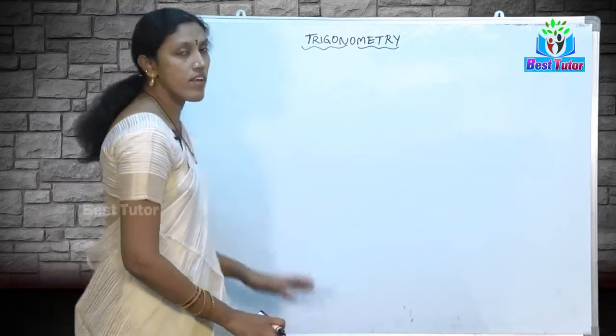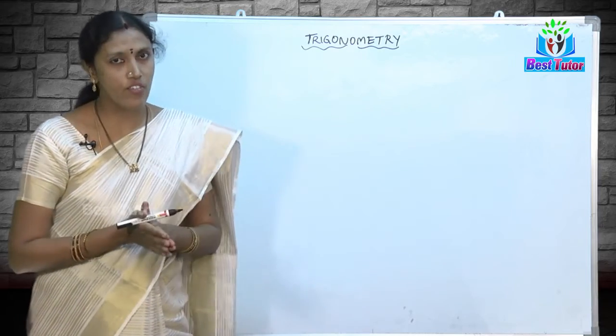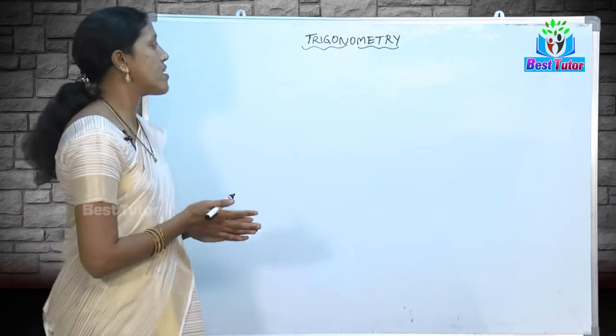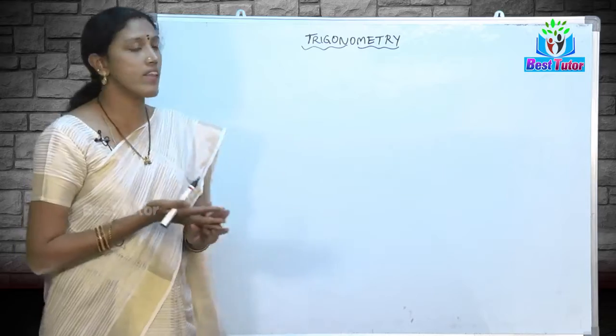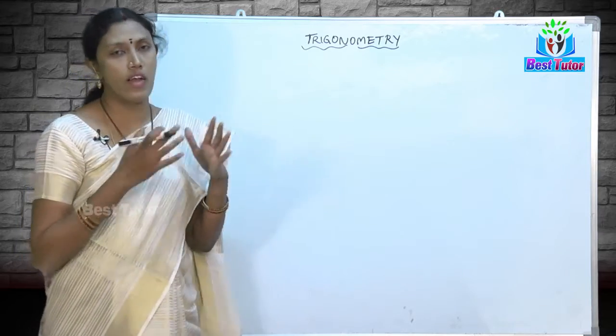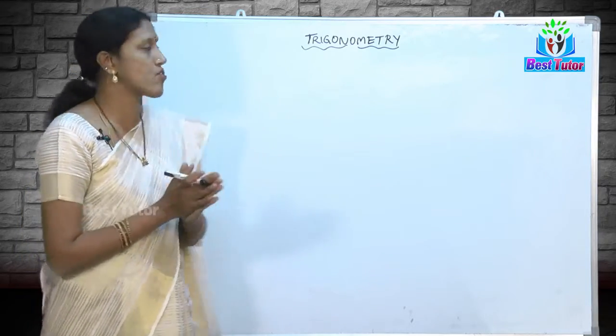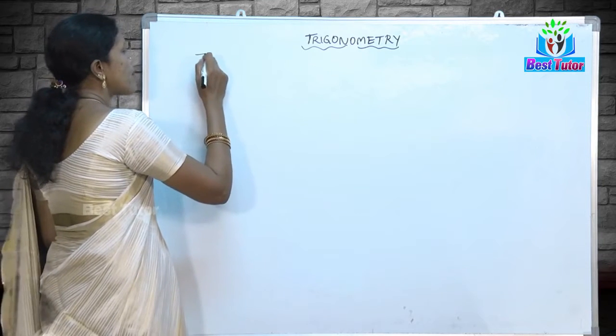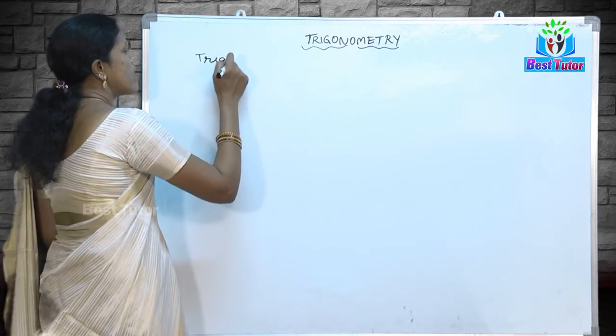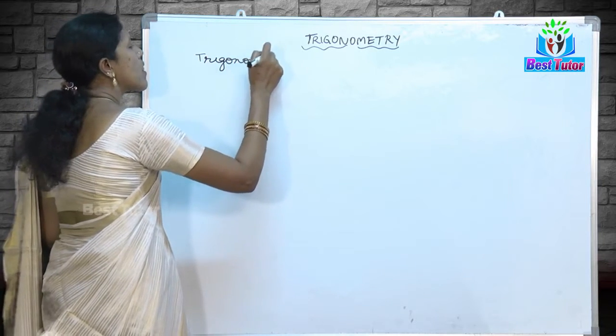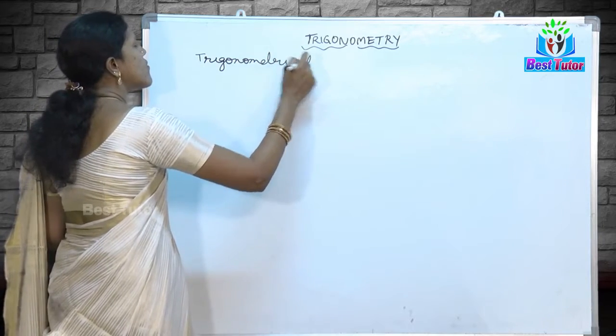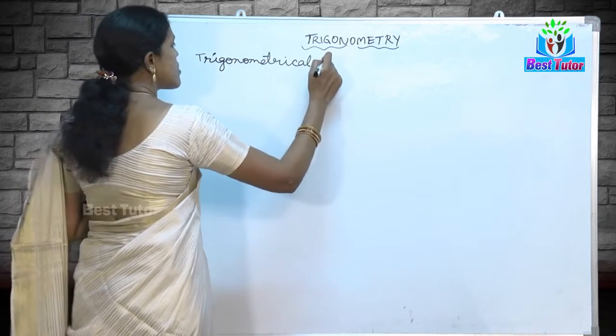So till now we have learned that trigonometry deals with right angled triangles. In particular we have understood the Pythagoras theorem and the sides opposite and adjacent to a particular angle under consideration. Now what are the 6 trigonometrical ratios?